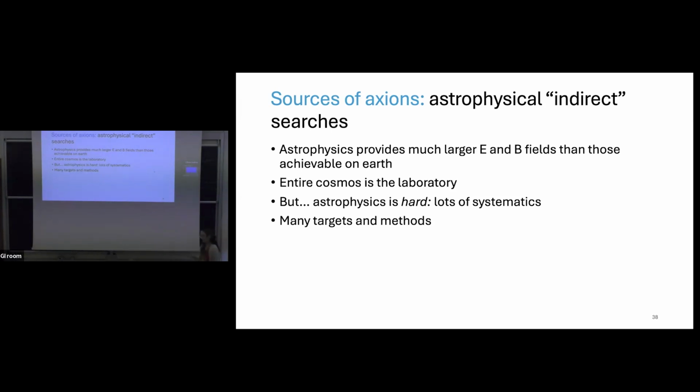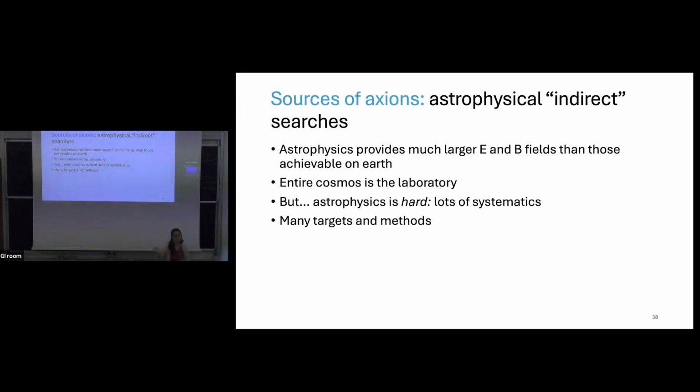So if you're trying to look for a signal, you can have lots and lots of gamma rays or whatever coming from space, a lot more volume than you could have in your lab on Earth. The problem here is that astrophysics is just hard. So there's lots and lots of different systematics. We can't go out to a nearby galaxy and check to make sure we had the correct distribution of magnetic fields when we're doing our calculation. So that is a challenge.